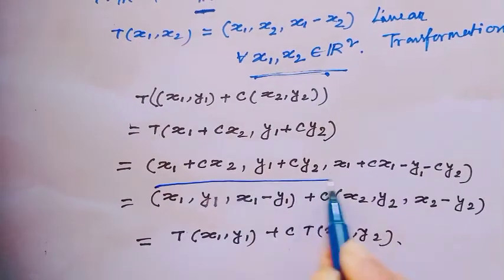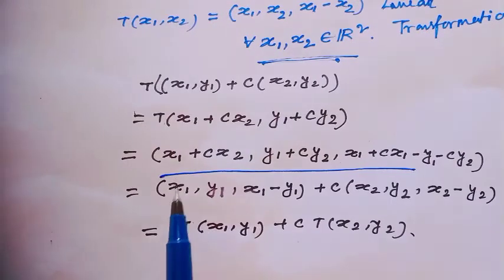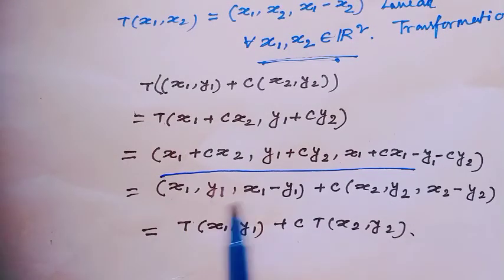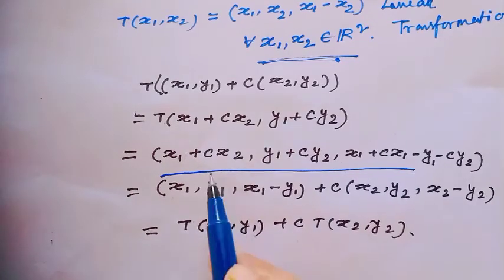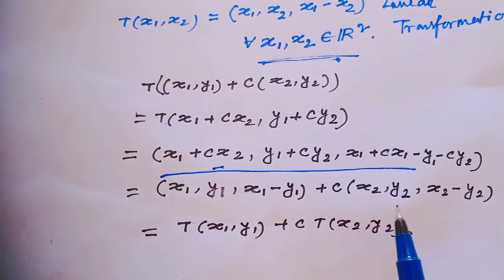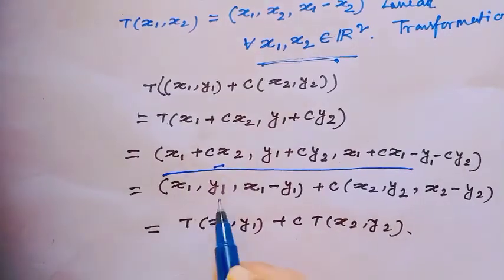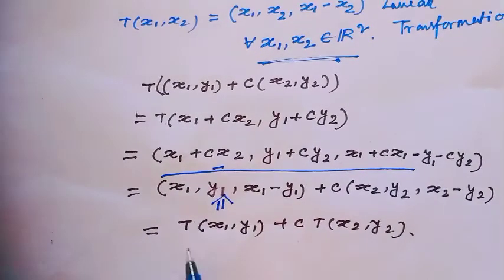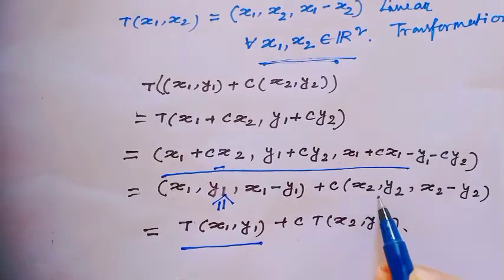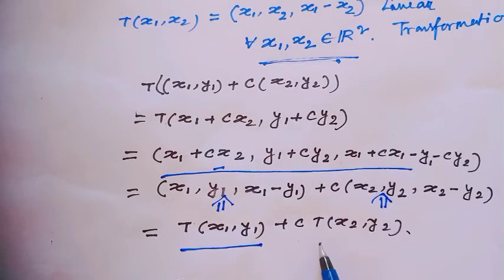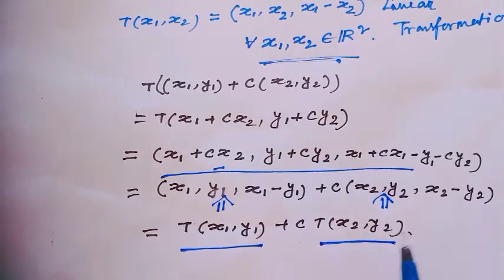And from this line we can easily write it as (x1, y1, x1 minus y1) plus c times (x2, y2, x2 minus y2). And this is actually T of (x1, y1), and this is T of (x2, y2).